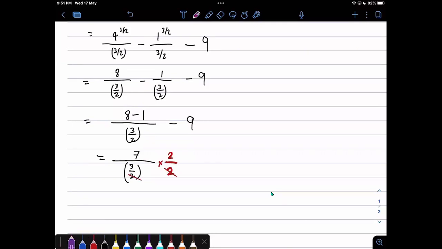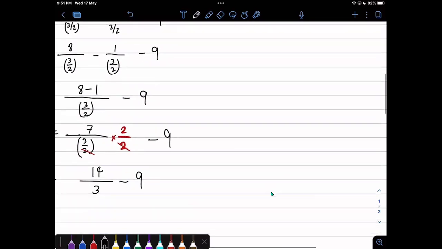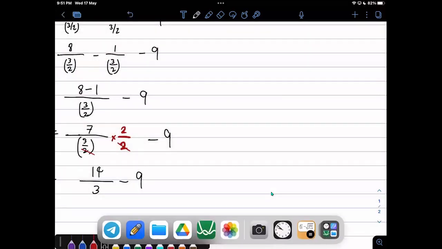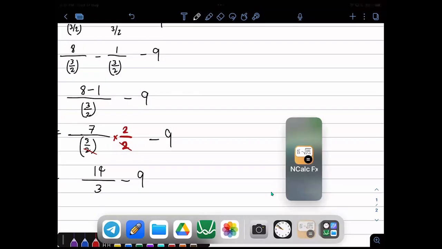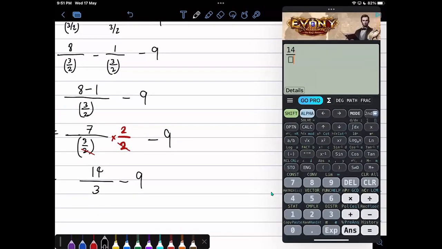You essentially bring the 2 up. Don't forget the minus 9. 7 times 2 is 14 over 3 minus 9. What's 14 over 3 minus 9? Okay, never mind. Just use the calculator. Minus 9, and you end up with a negative 13 over 3.